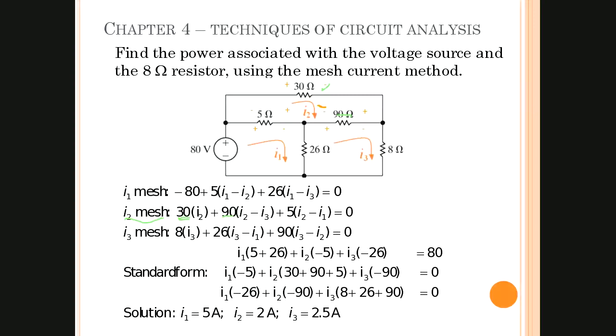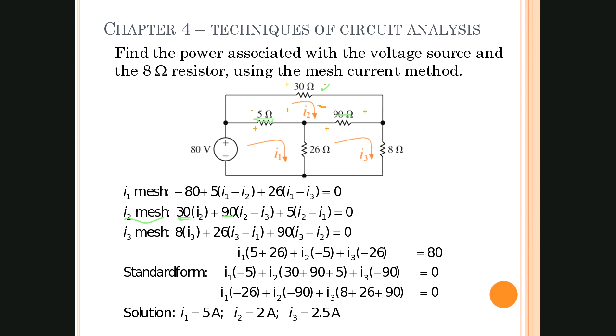And then we do the same thing for the 5 ohm resistor, which is right here. And again, the voltage drop is going from right to left. And so we have a positive 5 ohms, obviously, ohms are always positive, times I2, and that'll give me the voltage drop going in the right to left direction.